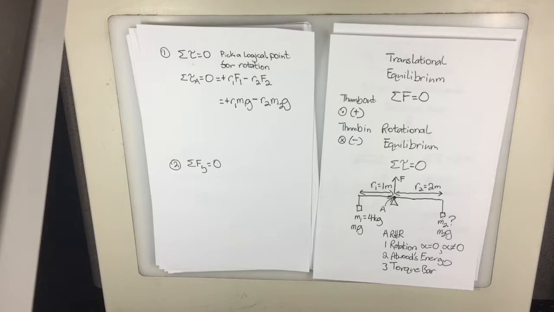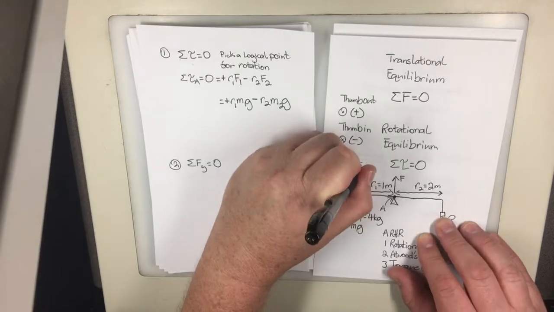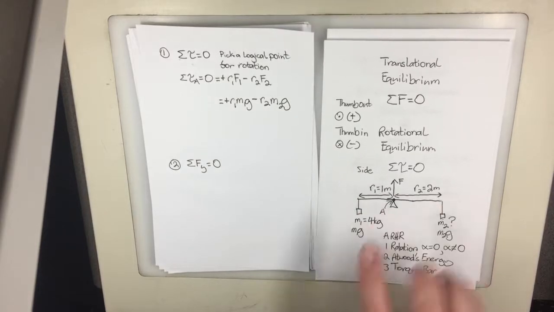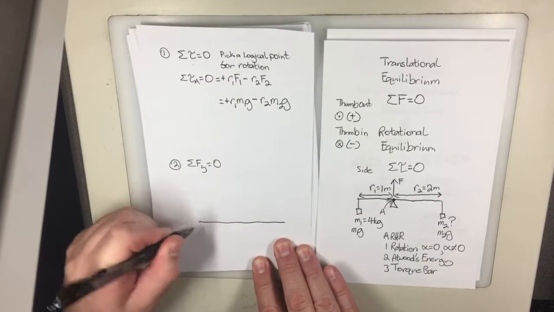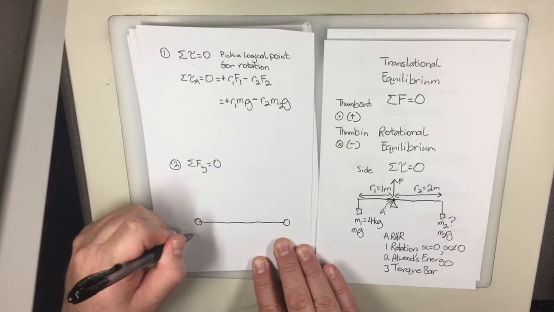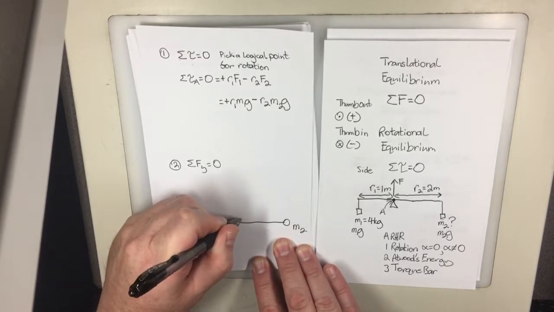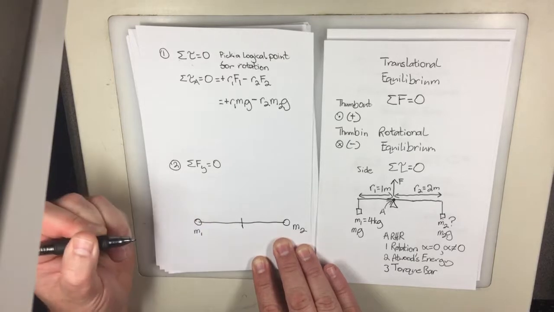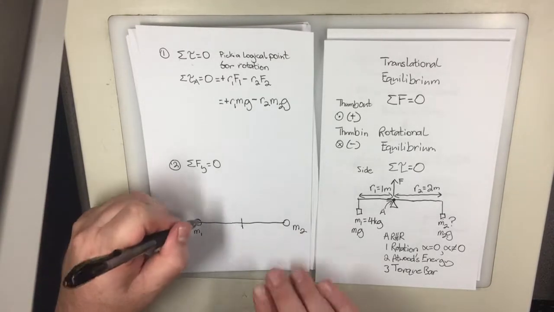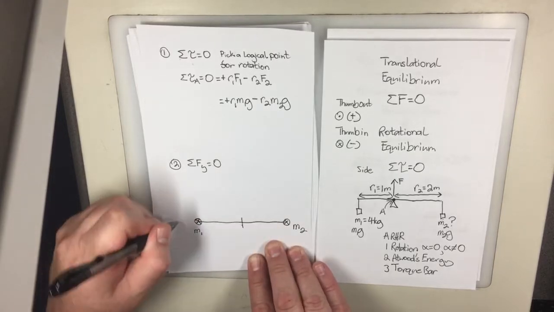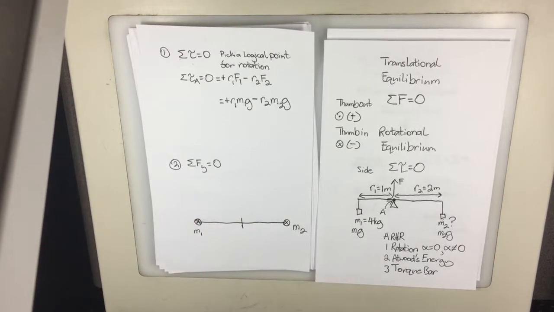That determines the sign. From the side, it looks like this. If you were looking at it from the top, the fulcrum's there. Both of these forces are into the page, because into the page in this particular rotation is down.